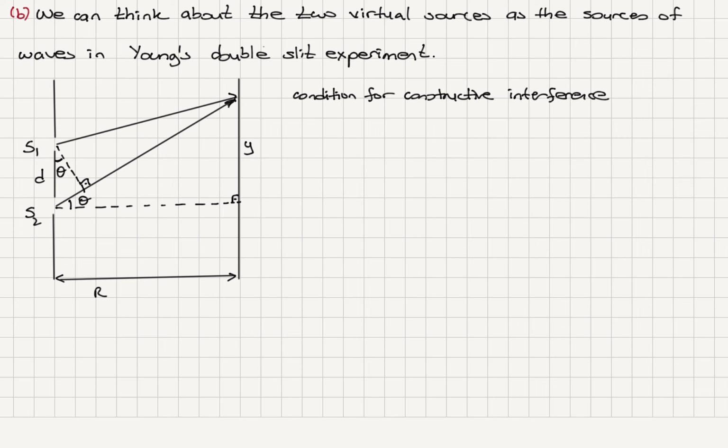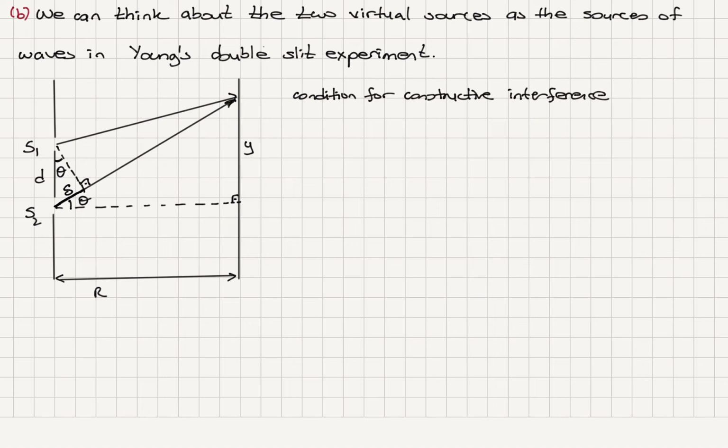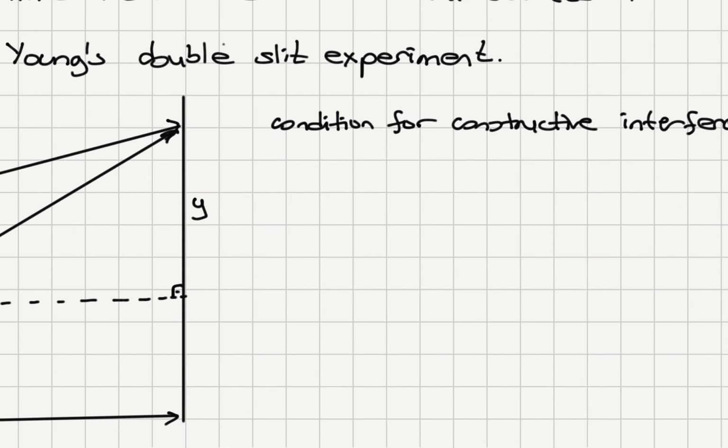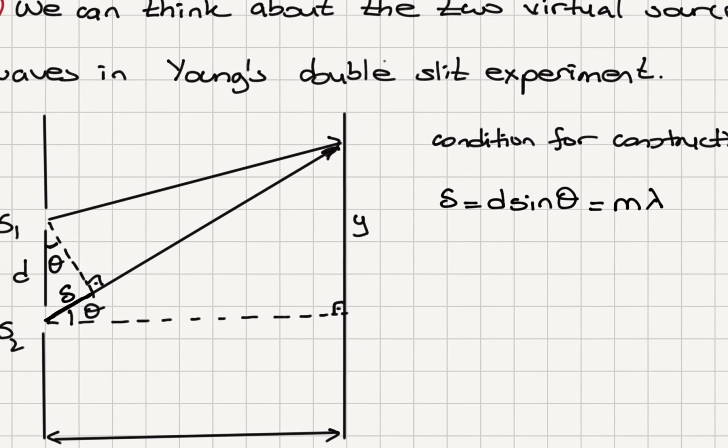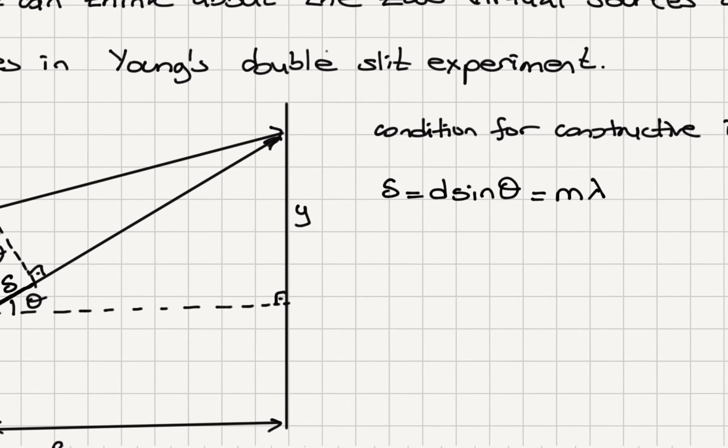So the path difference between these two rays is due to this portion here, which is delta. Delta, the path difference, d sine theta, must be equal to an integer multiple of wavelengths for constructive interference, so that when these two waves that are in phase to start with reach this point, they're going to be in phase also.